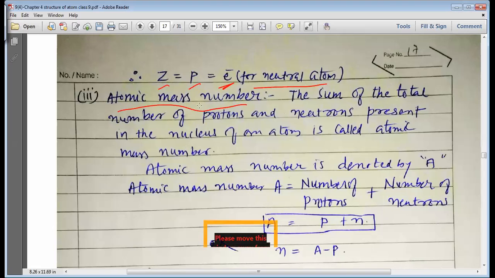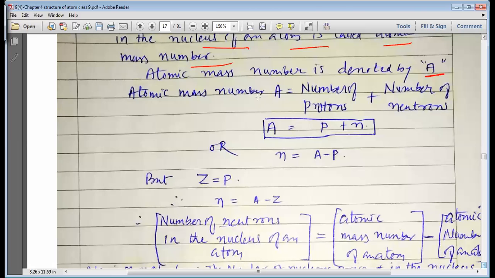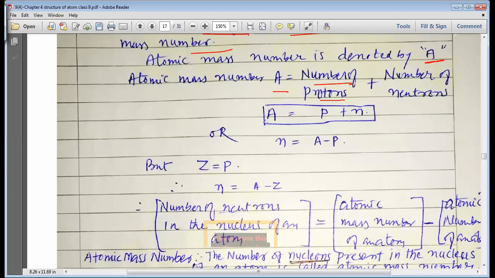Now, my dear students, we want to study the atomic mass number. Let us read its definition. The sum of the total number of protons and neutrons present in the nucleus of an atom is called the atomic mass number. It is denoted by A, and A is equal to the number of protons plus the number of neutrons.